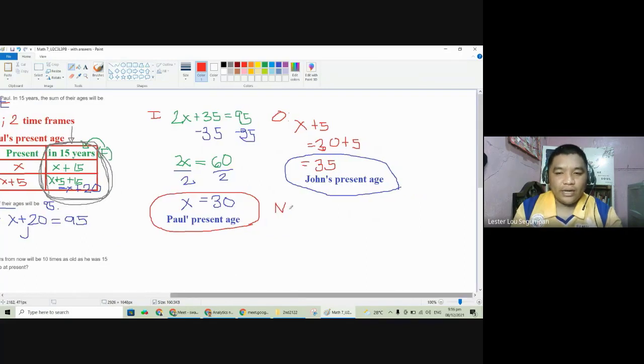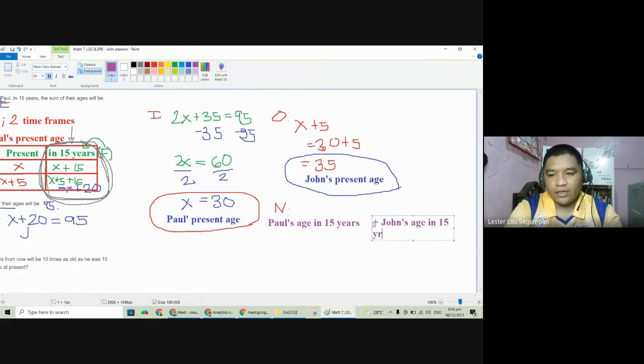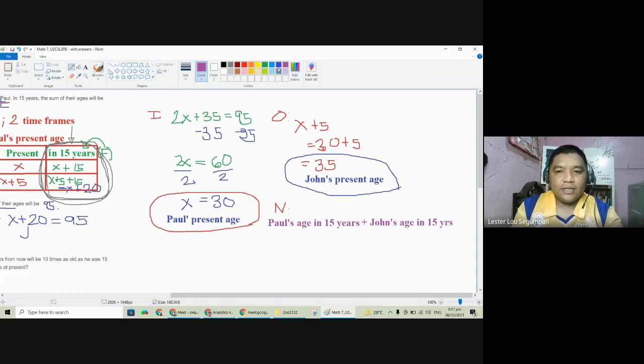In short, we are adding here, let me use this color, Paul's age in 15 years. That's the first thing that we are going to consider. Paul's age plus John's age in 15 years. If we add Paul's and John's age in 15 years, it must be 95 in the given situation.